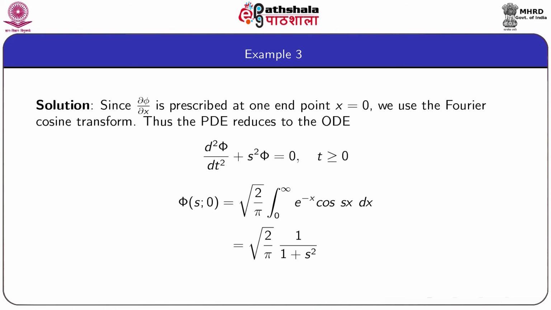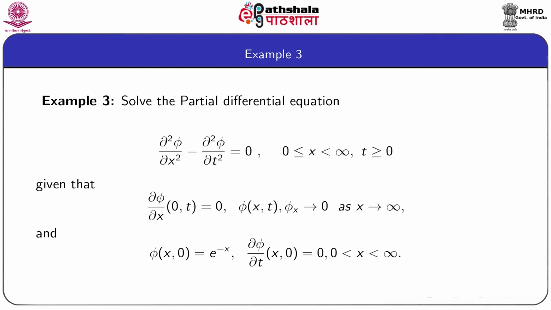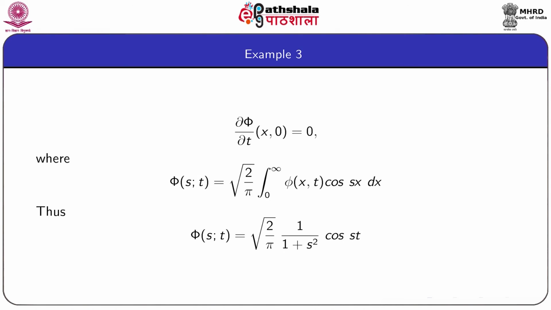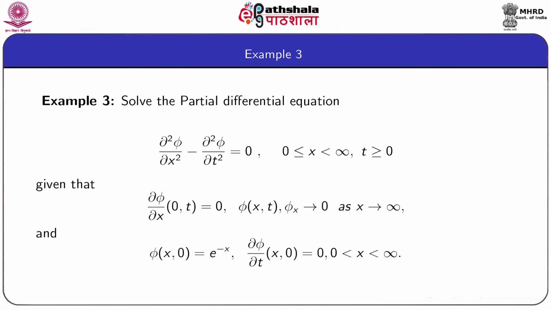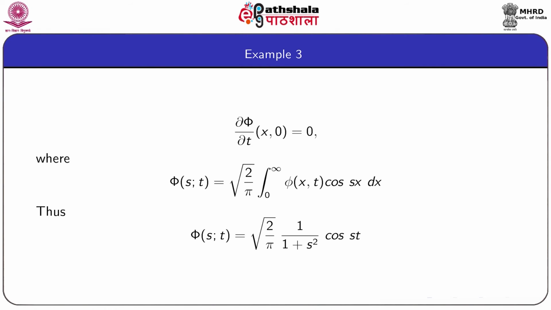This capital Φ at t = 0 is obtained after taking the Fourier transform of this, and also taking the Fourier transform of the other boundary condition, that is ∂φ/∂t at t = 0, we obtain ∂Φ/∂t at t = 0 is 0.